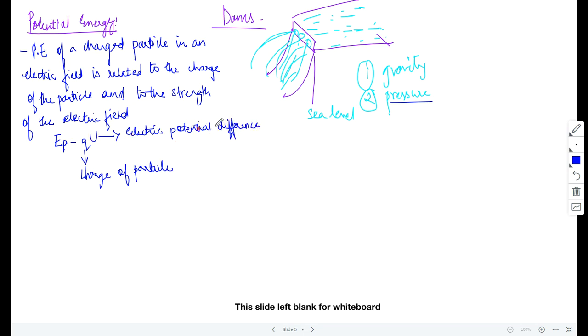Okay, electrical potential difference, or in simple terms it is also known as the voltage. You understood this potential energy? Yes. Okay. So this was potential energy.